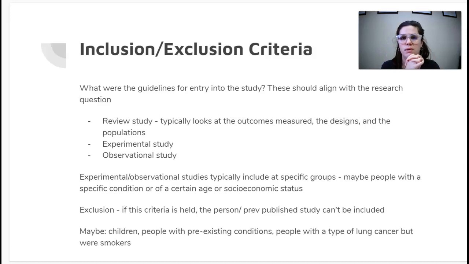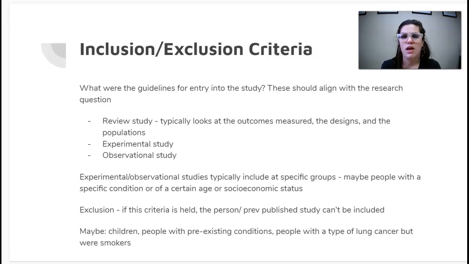It could be people with pre-existing conditions. An example would be if they're doing a clinical trial on a specific medication to help with people with lung problems or lung cancer.